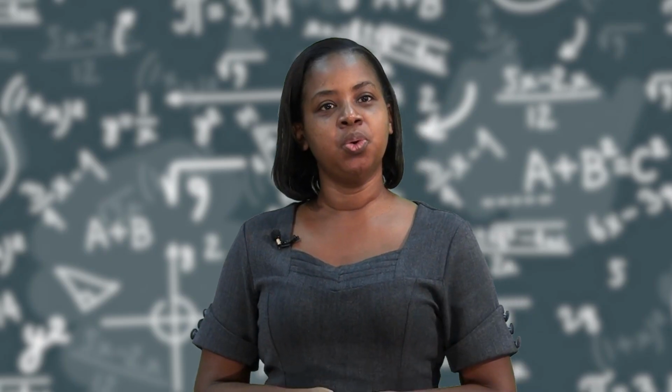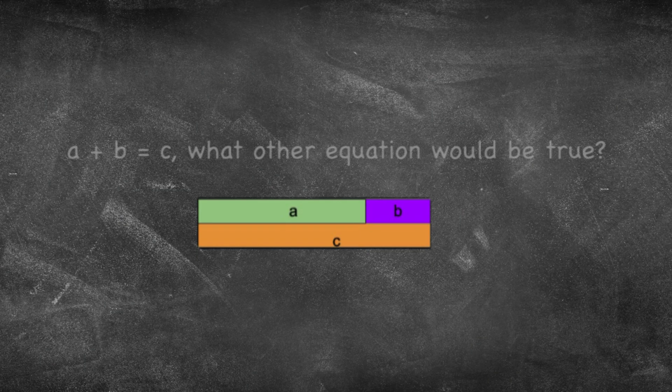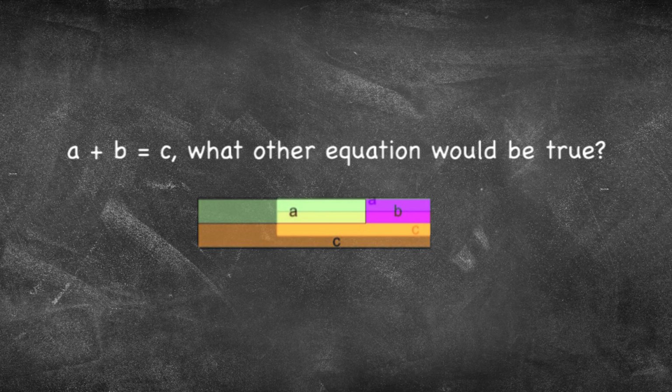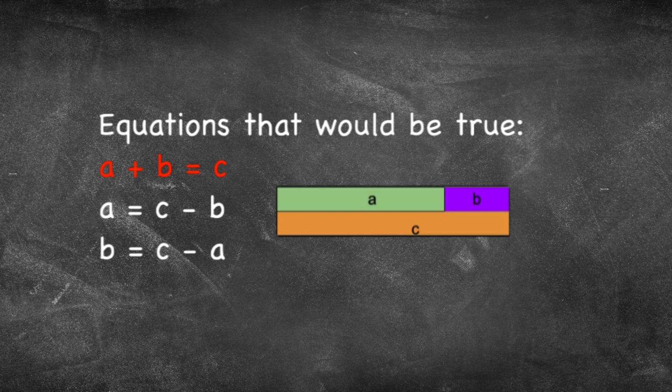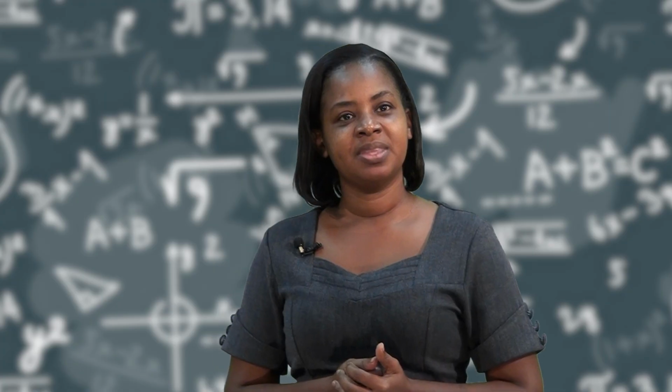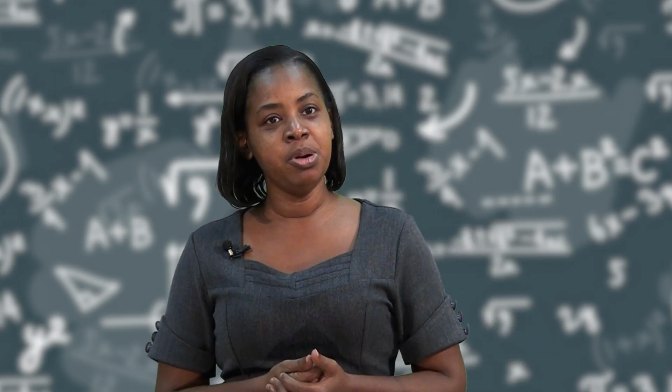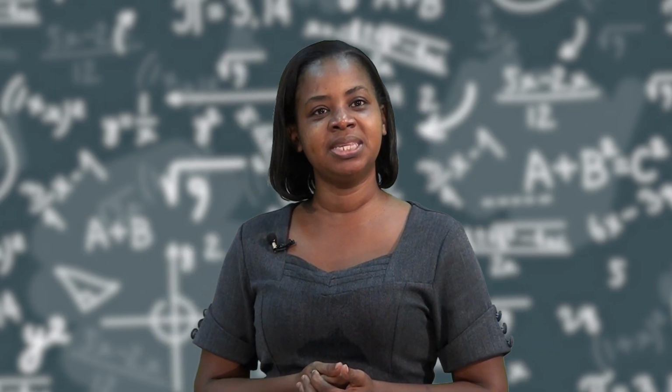Using the picture below, if we say that A plus B is equal to C, what other equation would be true? If A plus B is equal to C, then we can say that A is equal to C subtract B, or B is equal to C subtract A. Is the isolated variable the same in all three equations?